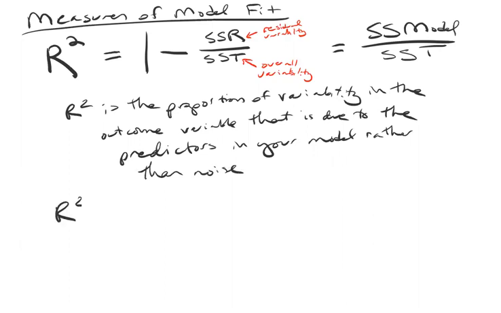I'll say that another way. R squared is the proportion of variability explained by your model.